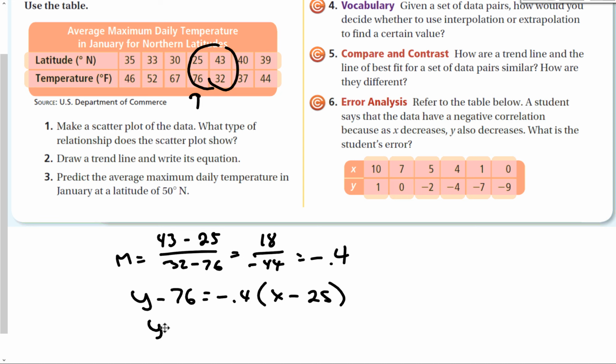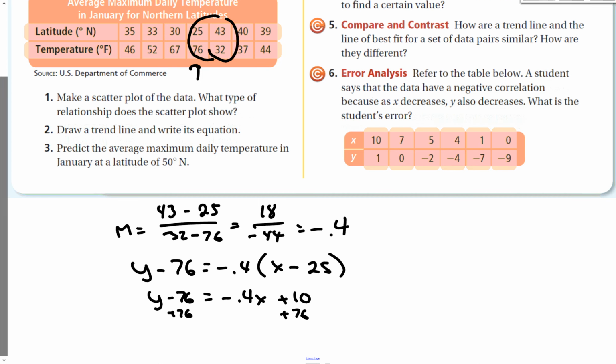Okay, so y minus 76 gives me negative 0.4x plus 10. Add 76 to both sides, and I get y is equal to negative 0.4x plus 86.